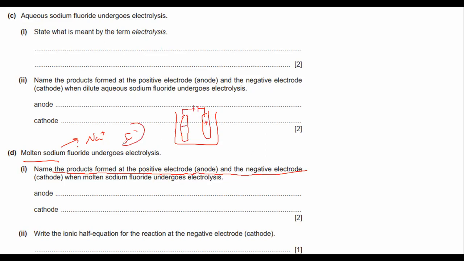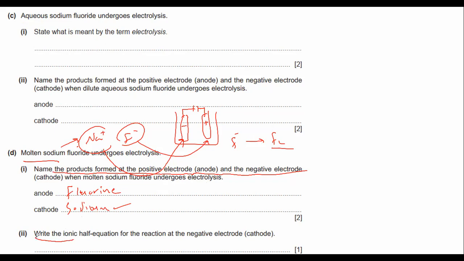For the anode, F minus will be attracted. So at the anode, F minus is oxidized to F2. So we will see fluorine. And for the cathode, sodium will be reduced. So we say sodium. That's it, we're done.